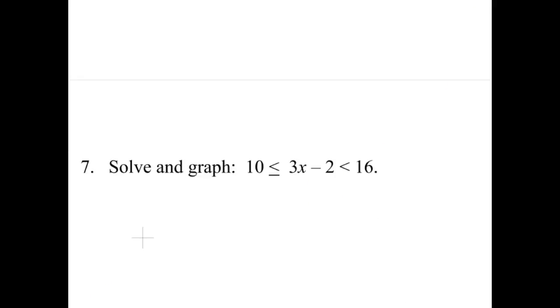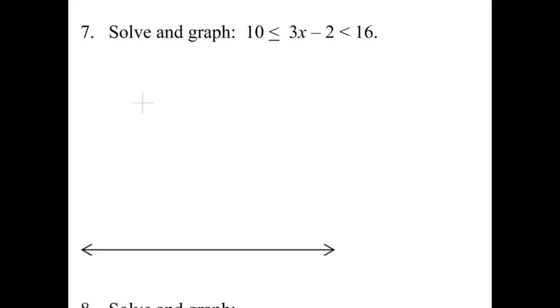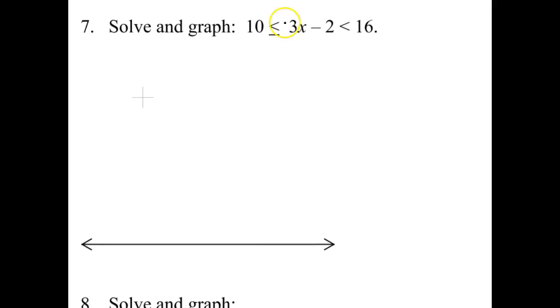So more inequalities. These are compound, so it's 2 inequalities in 1. Alright, so we treat this the same way as we would normally. We have our variable here, so we're going to start by adding and subtracting. The only difference is that we have 2 places, not just left and right, but we have left and right and the middle.